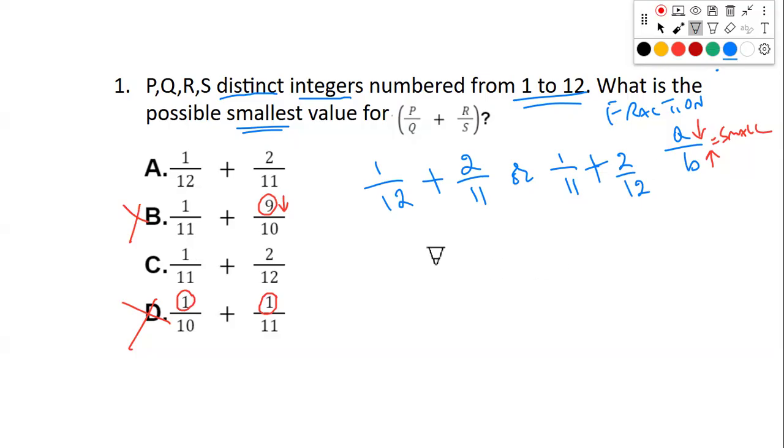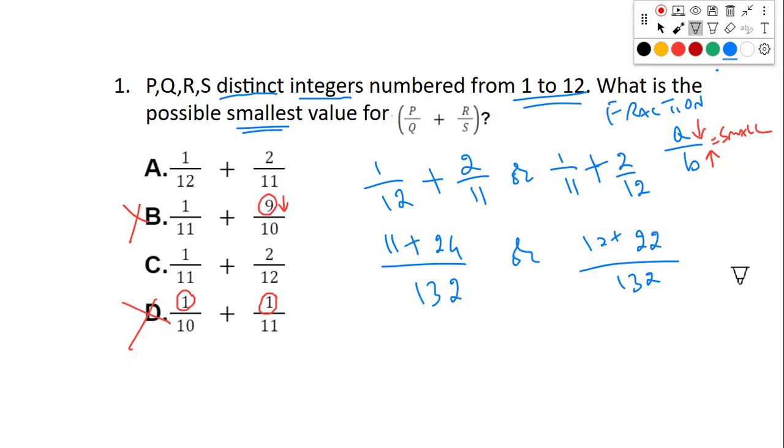So now quickly, what do I do? LCM is 121. Is it 121 or 132? 11 into 12, 132. So 12 will go 11 times, 11 will go 12 times. Or if I take LCM again, 132, 11 will go 12 times, 12 will go 11 times.